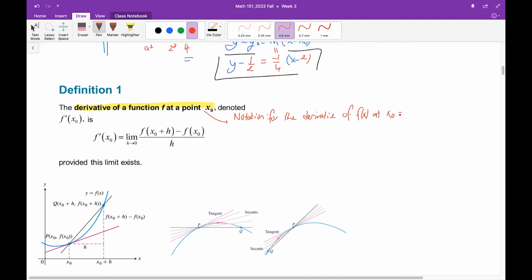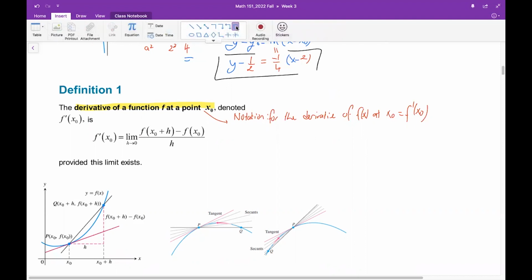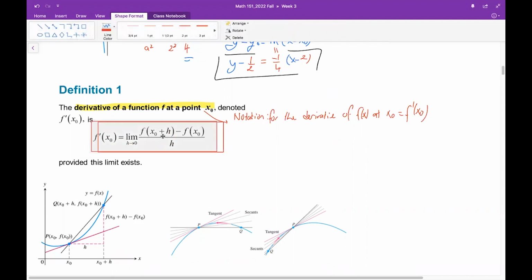What is the notation for it? Here it is. It is introduced for the first time here. So the result of this limit, we already know that it is the slope of the tangent line. From now on, we will take the result of this limit, which is the slope, as the first derivative of the given function, okay? So this will be the first derivative of the given function, and it is the same.